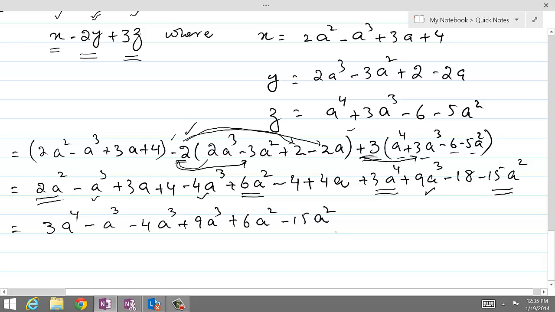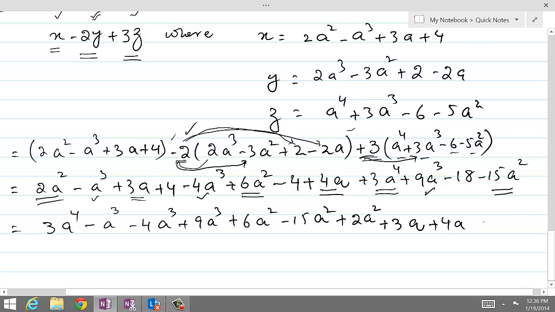So that also should be written here, 2a square. And now we want to find out which terms involve only a. Here is one term, 3a. So let's write that down, 3a. And then there is another term which involves a, that is plus 4a. And then there is no other term.